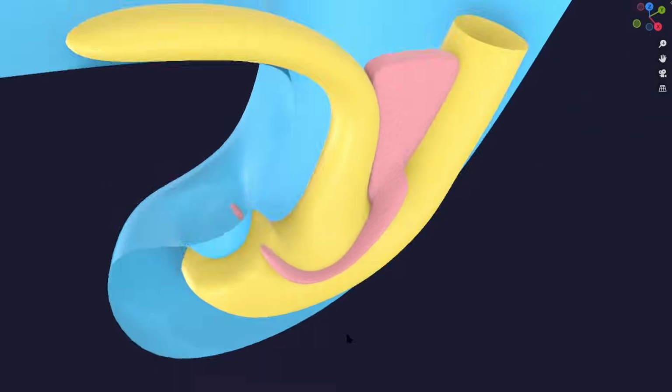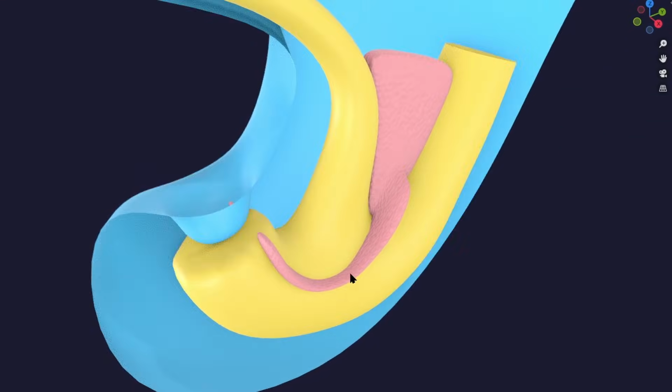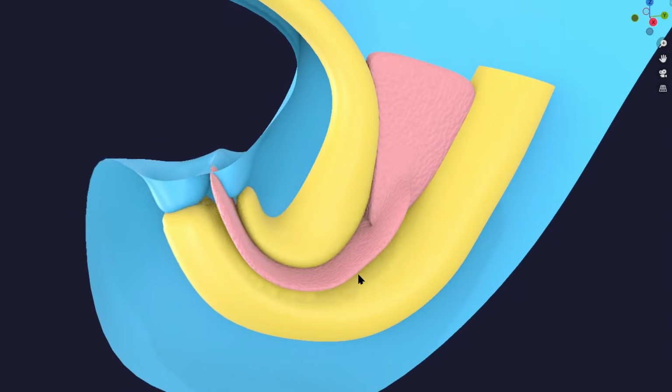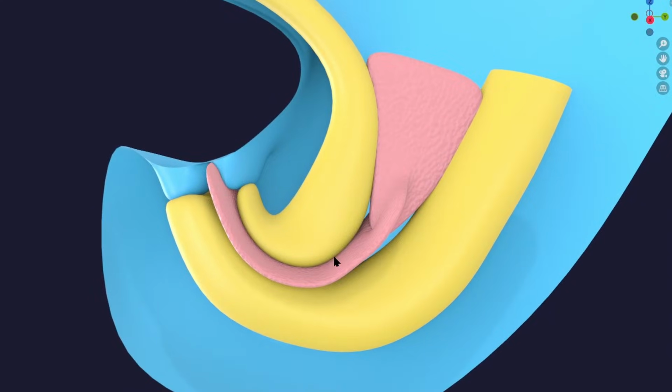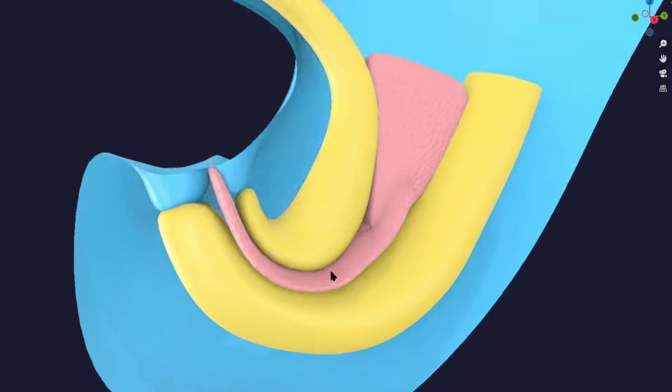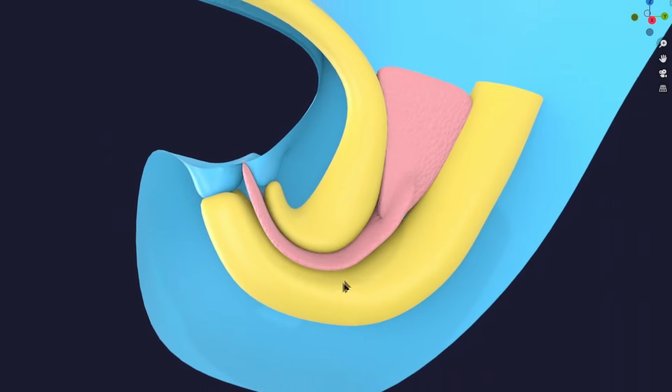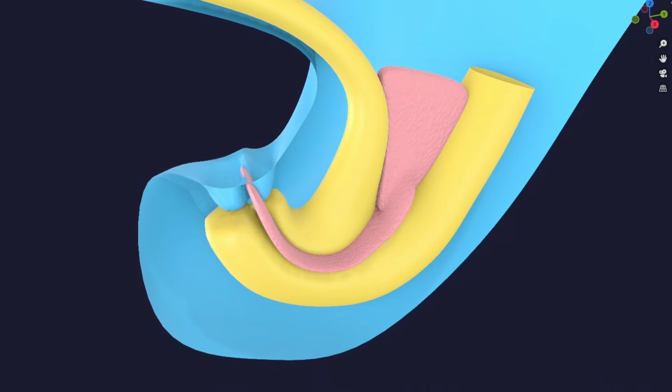Now these fork-like extensions will meet in the midline and unite together, and as they unite, they will divide this cloaca into two parts, the ventral urogenital part and the dorsal anorectal part. I hope you can understand.